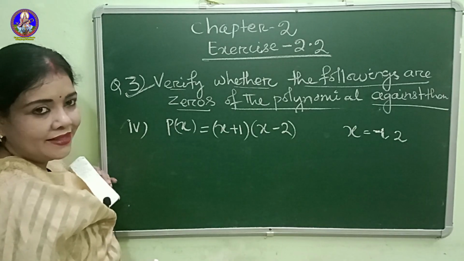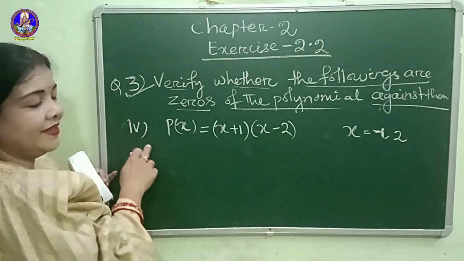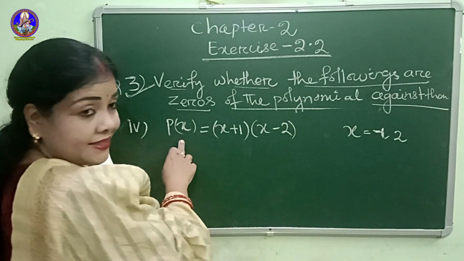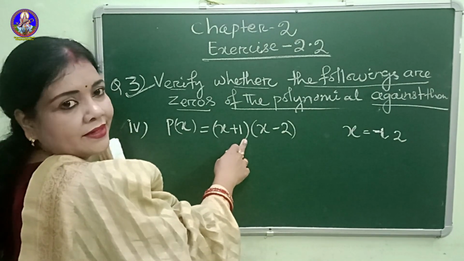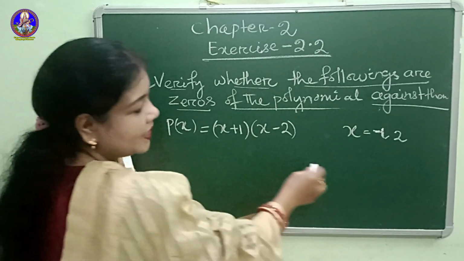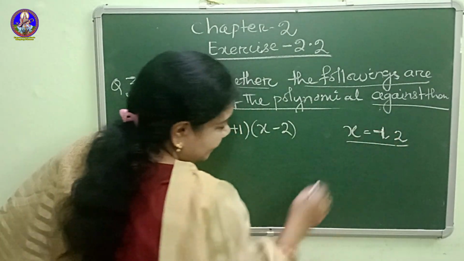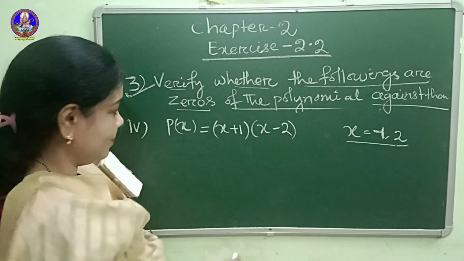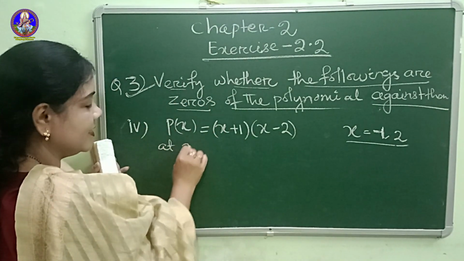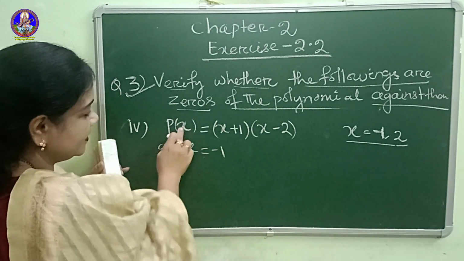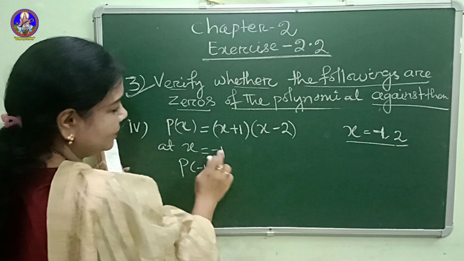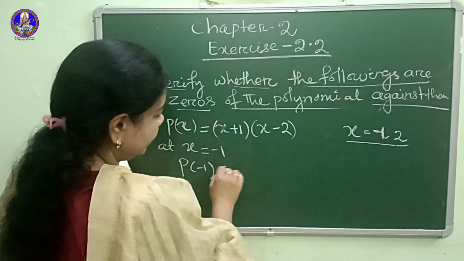So, let us solve another example, that is 3ii(b). This is p(x) given here as (x plus 1) into (x minus 2), and two values are given, x is equal to minus 1 and 2. So, at x is equal to minus 1, p of minus 1, you have to put the value of x here.